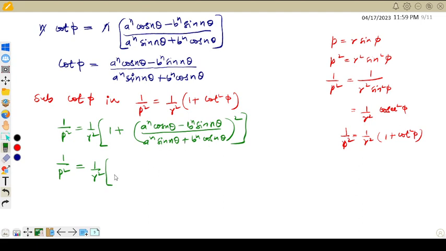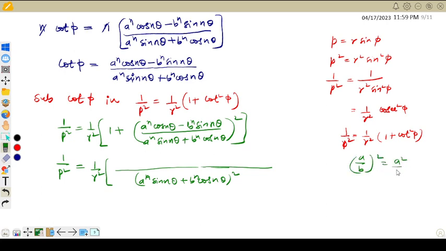So let us take an LCM, students. LCM is a raised to n into sin n theta plus b raised to n into cos n theta whole square. You can make it separate, like a by b whole square can be written as a square by b square.